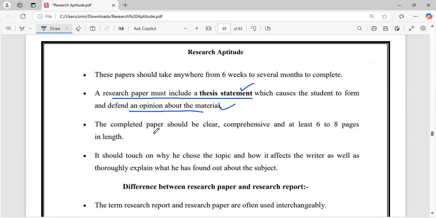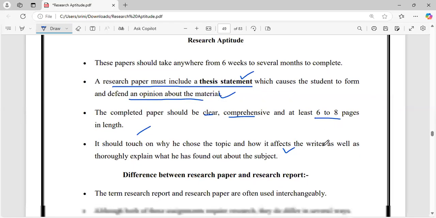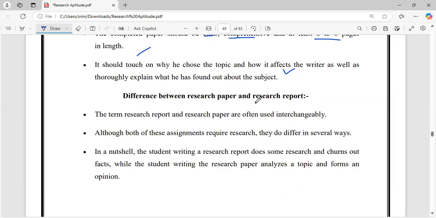The completed paper should be clear, comprehensive, and at least 6 to 8 pages in length to touch on why he chose the topic and how it affects the writer, as well as thoroughly explain what he has found about the subject.